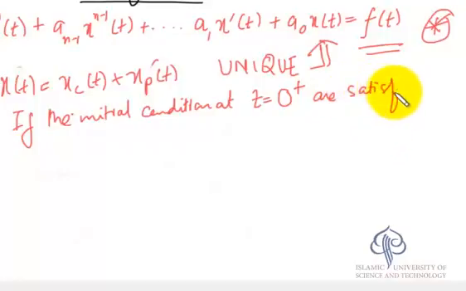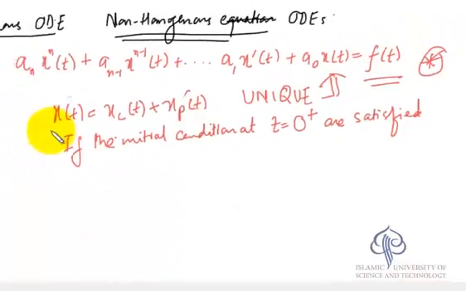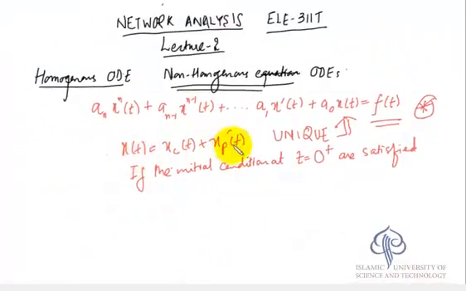This is a theorem in mathematics. I'll repeat. x_c(t) and x_p(t) as defined earlier: the sum of the two is the unique solution to this differential equation by the uniqueness theorem if this solution also satisfies the initial condition at t equal to 0 plus.